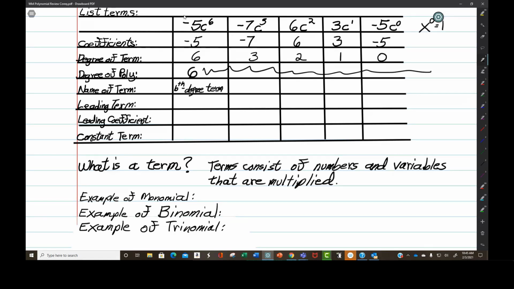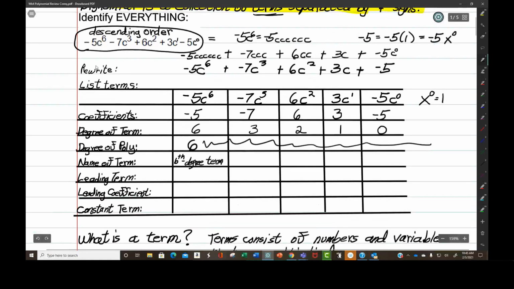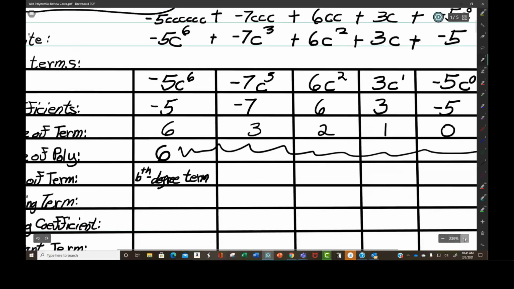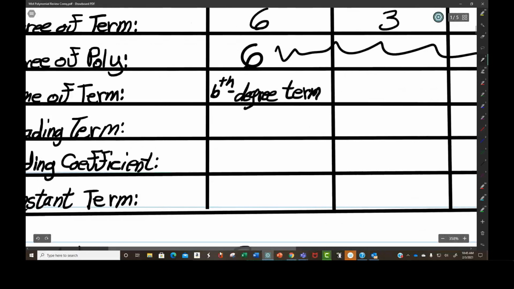Since this is the highest degree term and in front of the polynomial, it's also called the leading term. Now, how can I fit all this in there? By making the box really, really big. This is also the leading term.